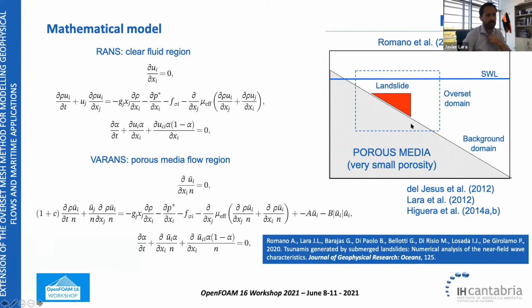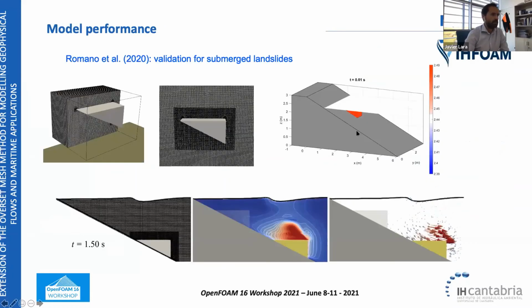So the overset method will work in between, in which part of the overset domain will include a porous media region and the other will include the clear fluid region. So we can consider the solid where the landslide is working as a solid, not really a solid, but a low permeability medium. This method was developed by Romano in 2020, and it was tested, providing very good results. You can see here some examples of the mesh and the geometry we used.